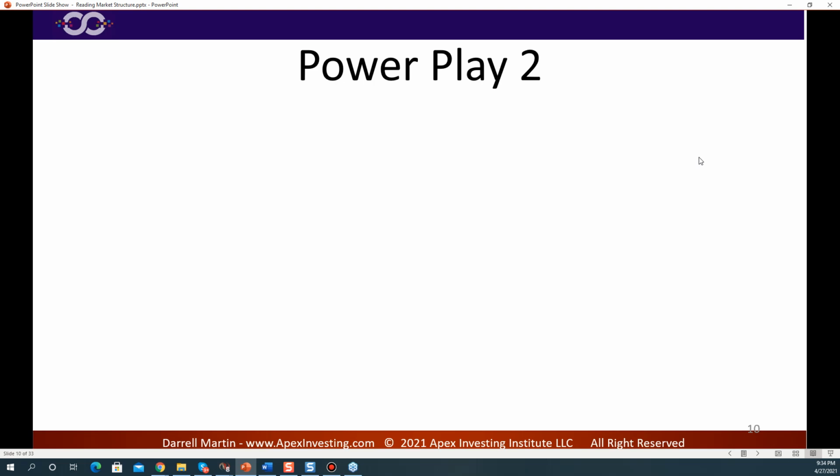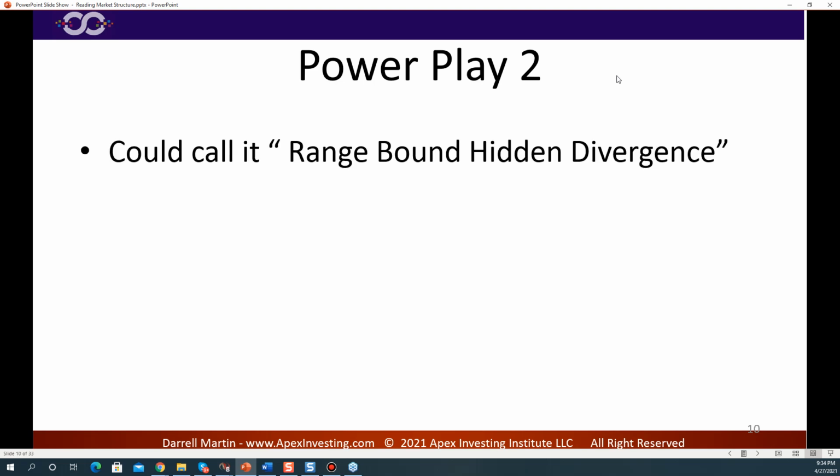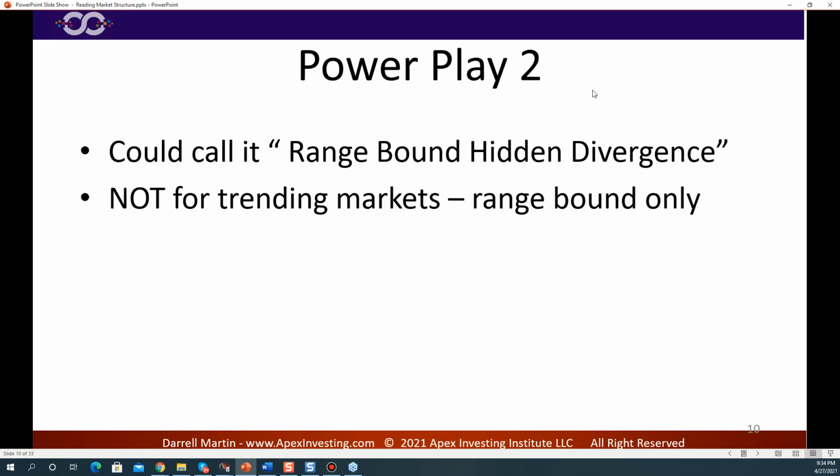So now we've got power play 2. I almost hate to say this because I don't want y'all confusing yourself. You've got to keep this all straight. You could call it range bound hidden divergence. Okay, and I only say that because I've heard it talked about in the elite room that way. I don't personally like that definition, but you'll understand why.